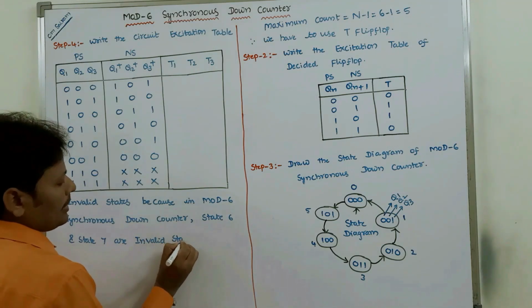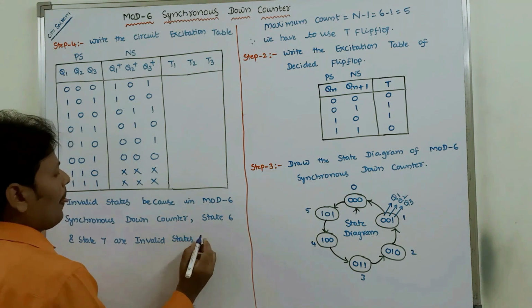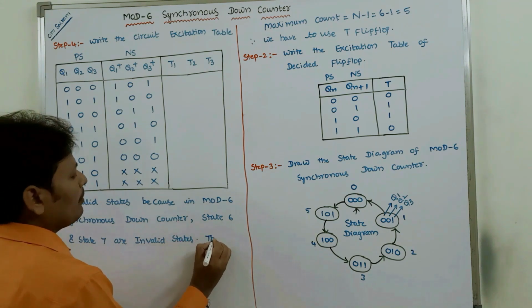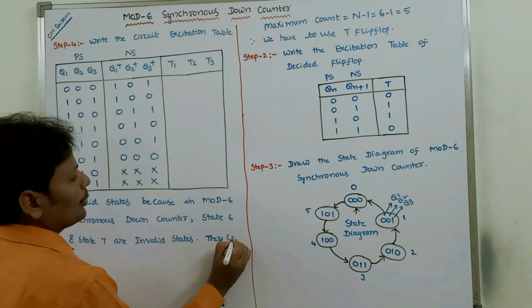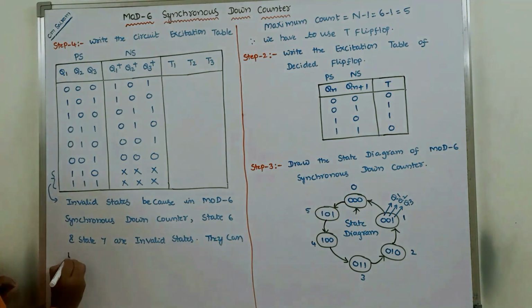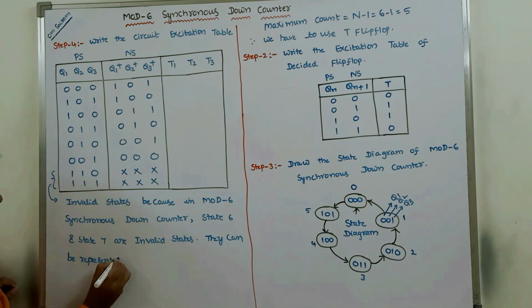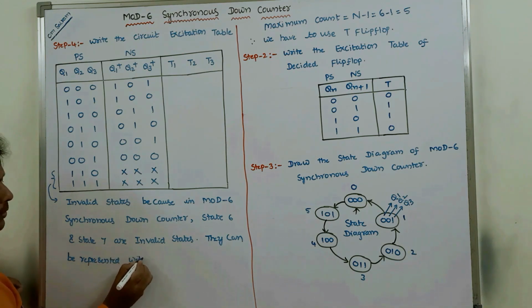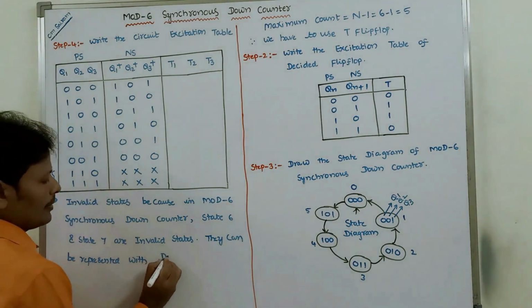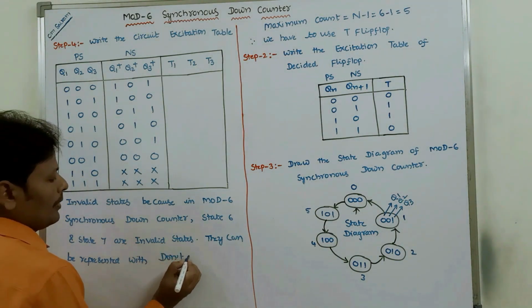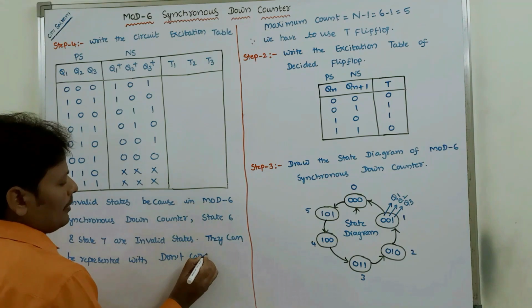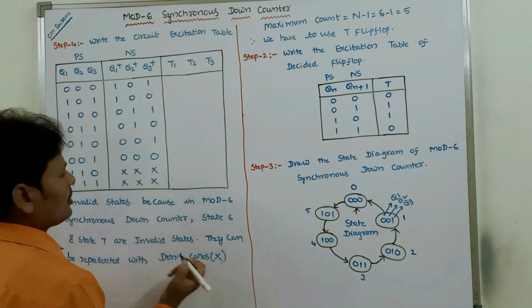Invalid states can be represented with don't cares. Don't care means cross mark.